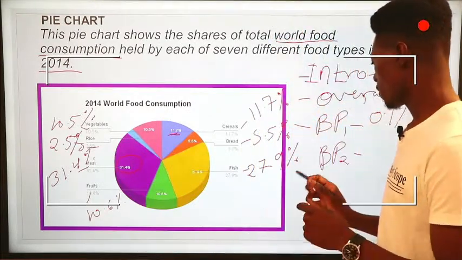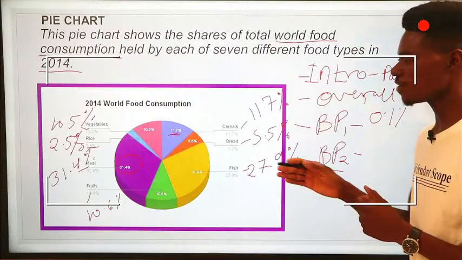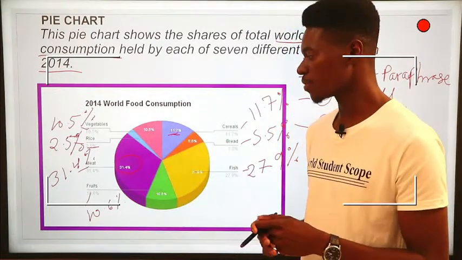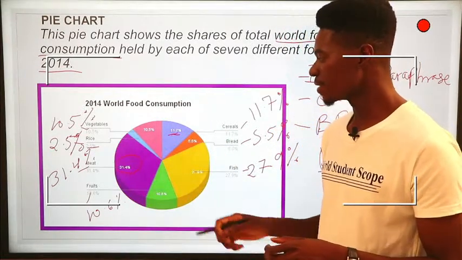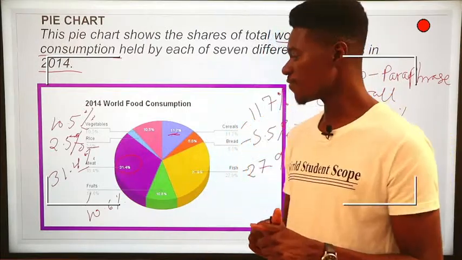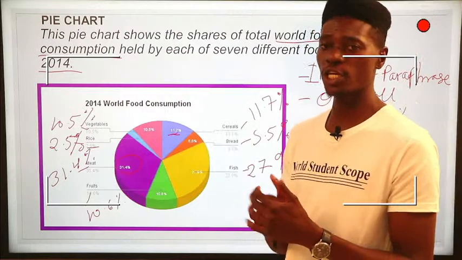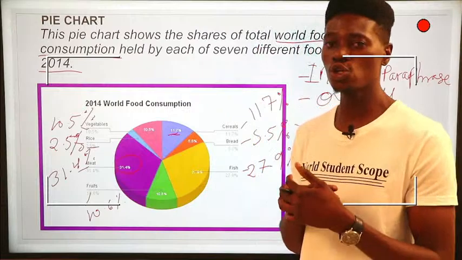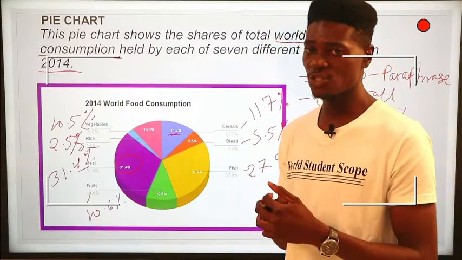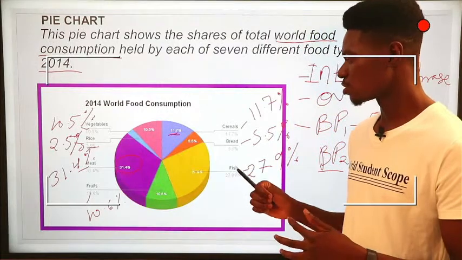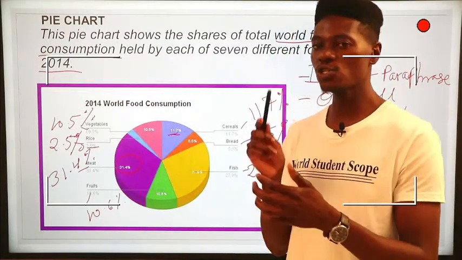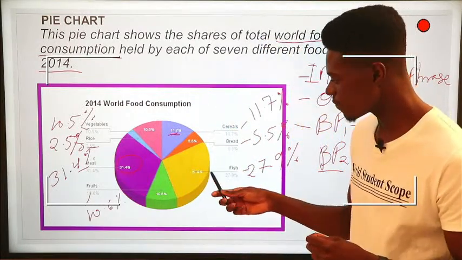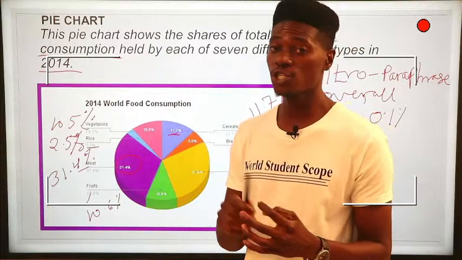Let's go on. In BP2, I told you you have to do comparison between the given data. For example, you can say, cereals were given 11.7%, which was consumed in 2014, as well as bread, it can be seen that it was consumed at 5.5%, as well as fish, which was a bit higher, and it was consumed at 27.9% in 2014.